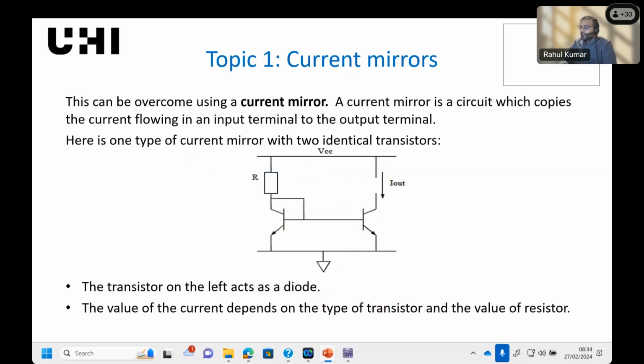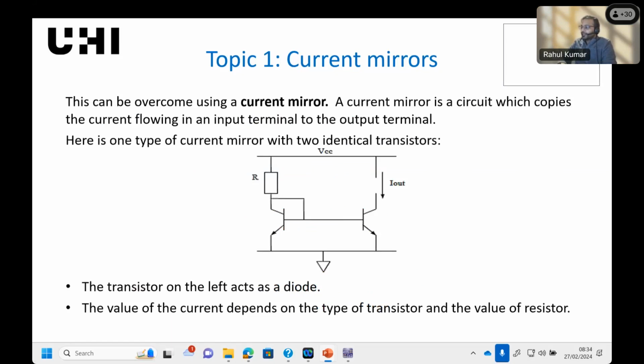We can make it better by using a circuit called a current mirror circuit with two identical bipolar transistors.